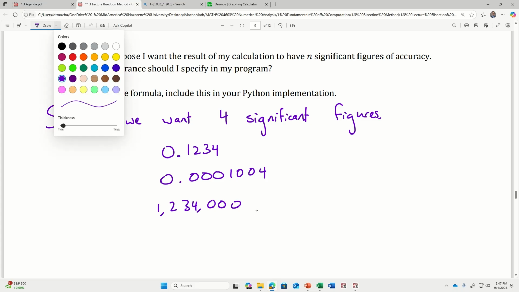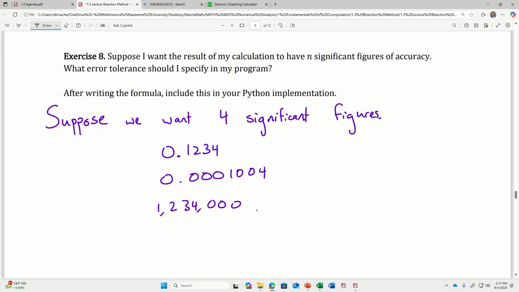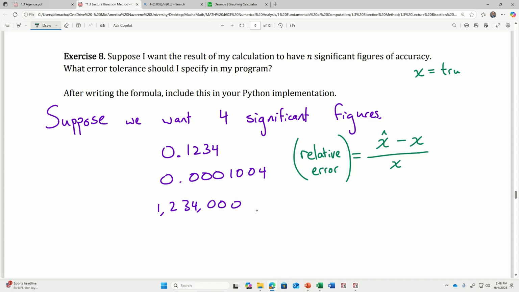So really the question is, how much error can I tolerate? And we're going to talk about this in terms of relative error. Relative error is the difference between my approximation and the real value divided by the real value.